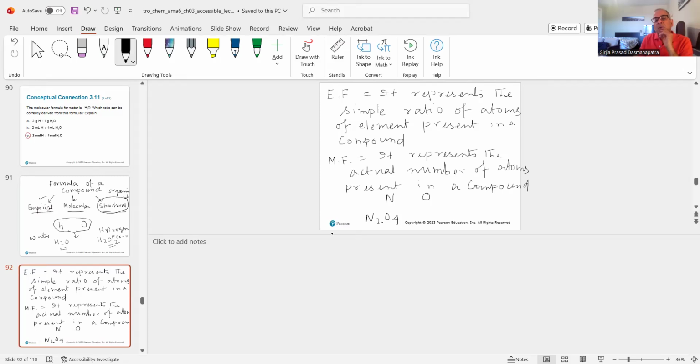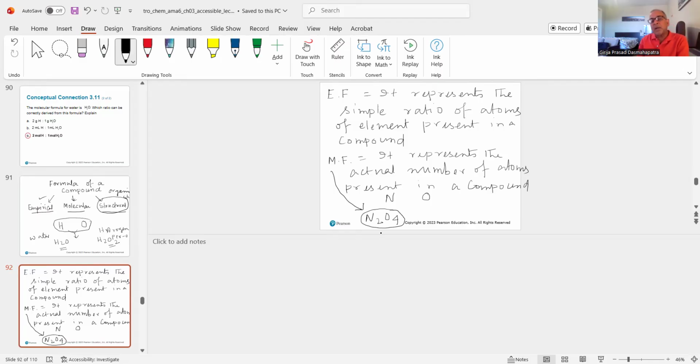If you look at this compound N2O4, in one molecule of N2O4, there are 2 nitrogen and 4 oxygen atoms. So that is called exactly the molecular formula. It represents the exact number of atoms present in that particular molecule, which is 2 atoms of nitrogen and 4 atoms of oxygen.